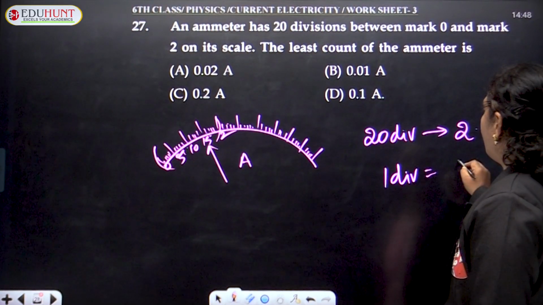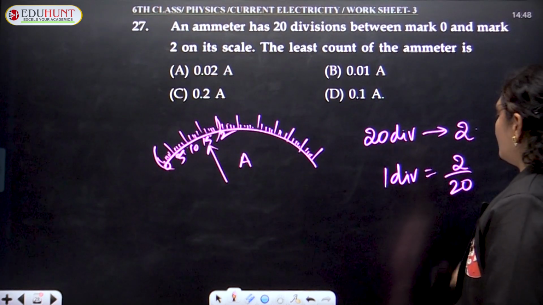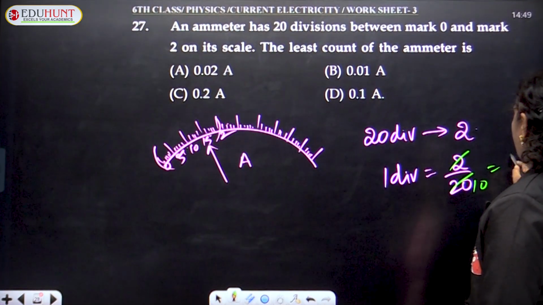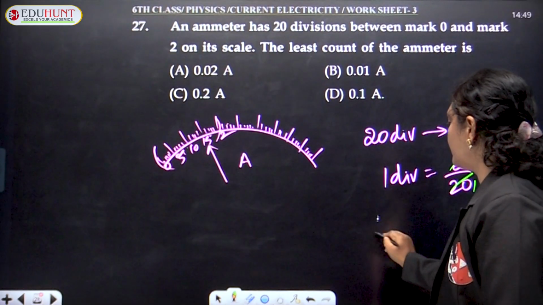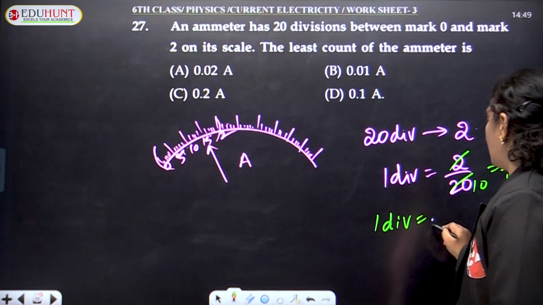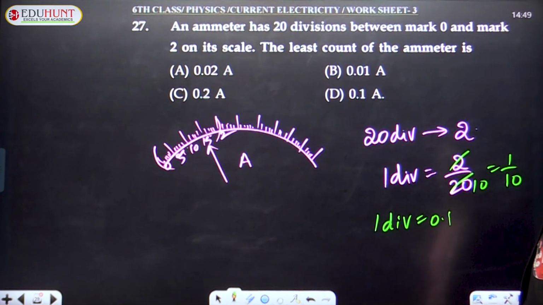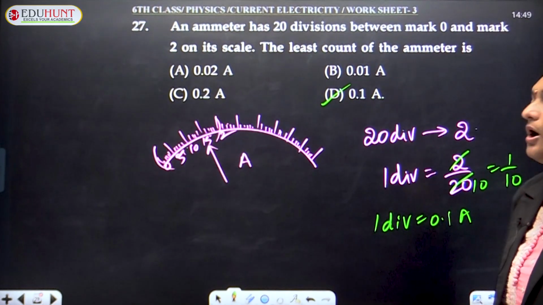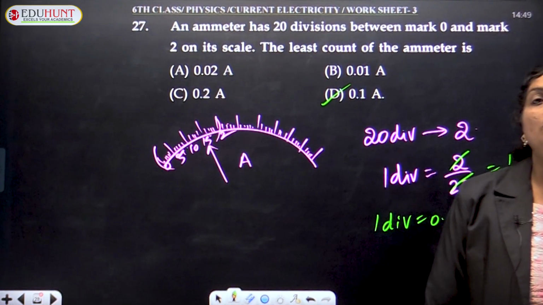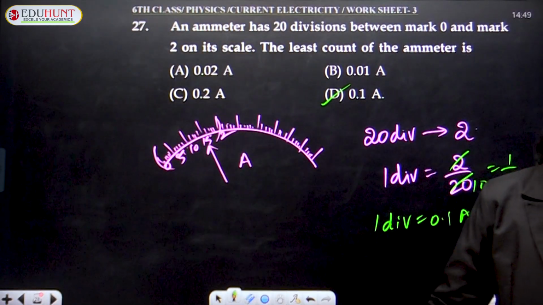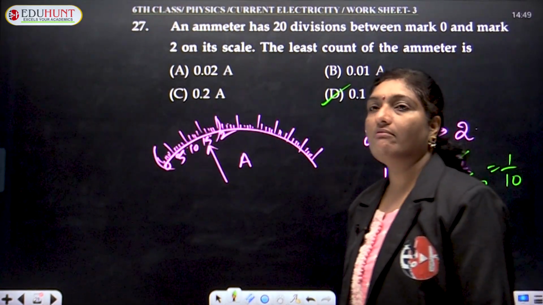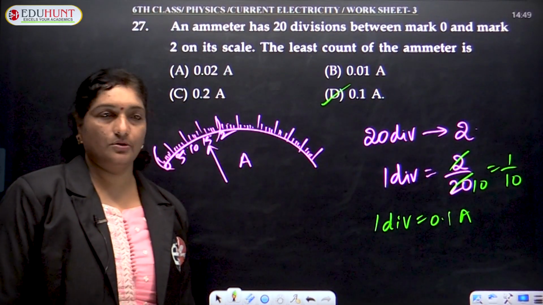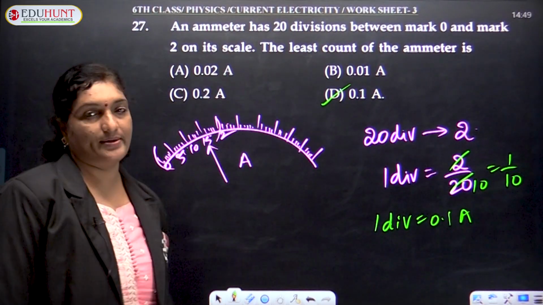The value of 1 division must be equal to 2 by 20, and after simplification it is 1 by 10. Hence the value of 1 division is 0.1 ampere. Hence the correct option must be option D, that is 0.1 amperes. So with this we have concluded worksheet number 3, level 1, 2 and 3 questions respectively.